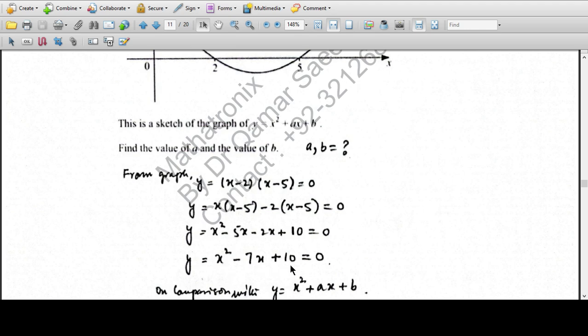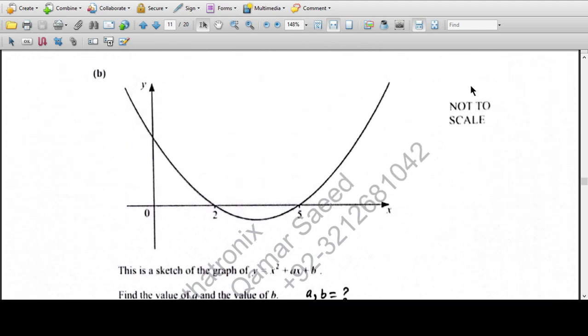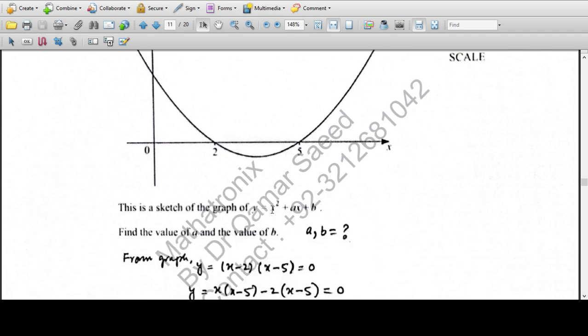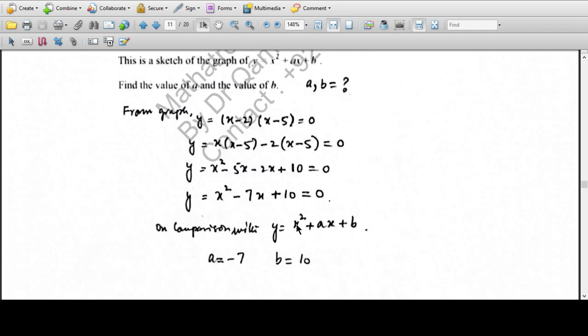Comparing this with x square plus ax plus b, a is minus 7 and b is 10.